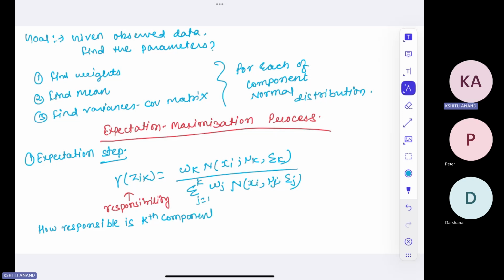We have n normal distributions in total, so let me write n over here. So how responsible is the kth component of the normal distribution for the ith observation?